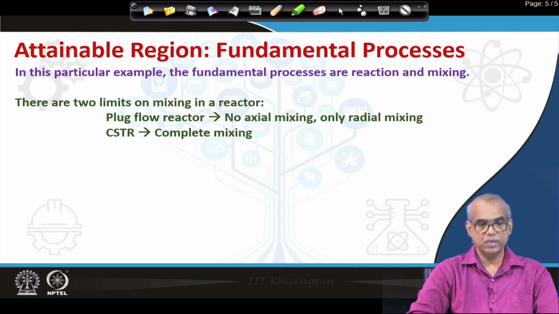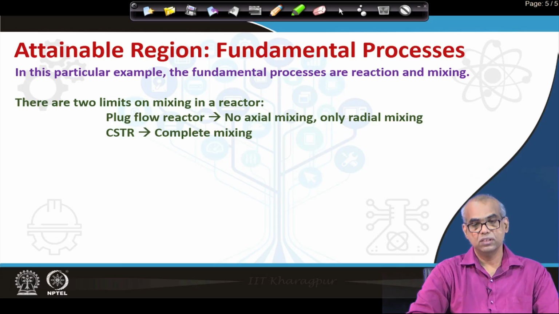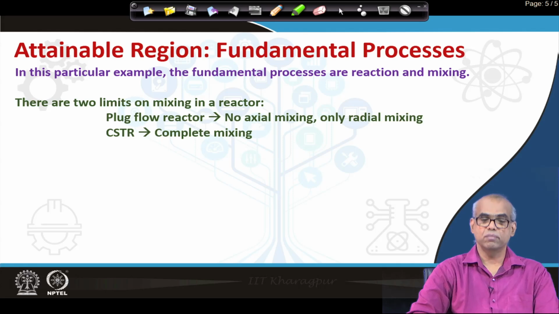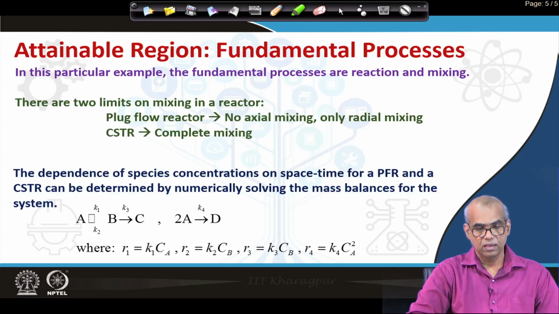Reaction and mixing. Note that there are two limits on mixing in a reactor: the plug flow reactor, which has no axial mixing and only radial mixing. The other extreme is the CSTR, which represents complete mixing.